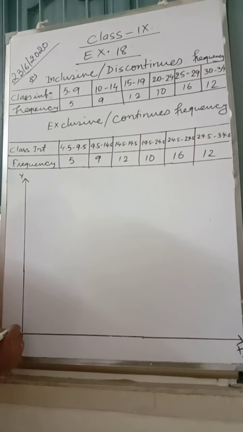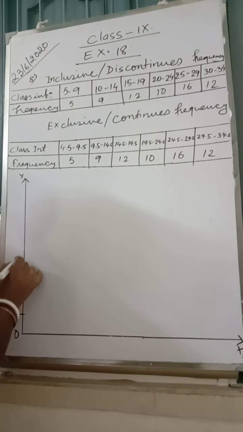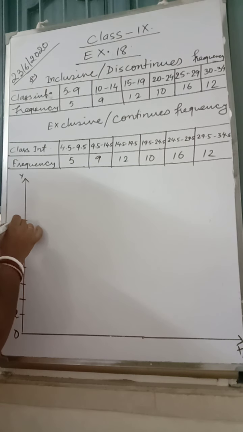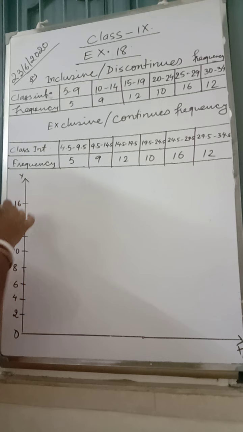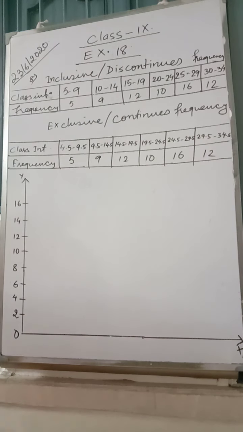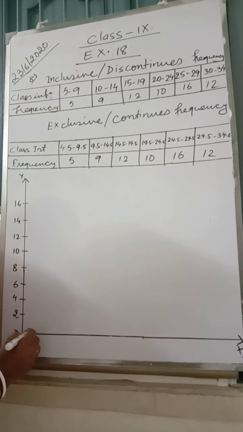This is 0. I am taking 2 each: 2, 4, 6, 8, 10, 12, 14, 16. We have a maximum of 16. And below, we are going to give a curve line again.